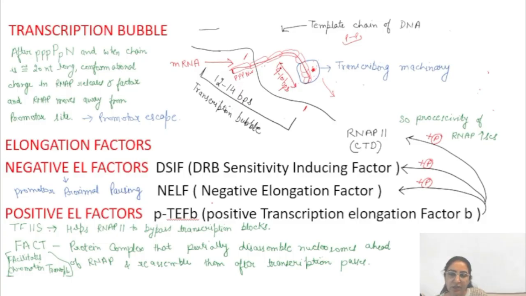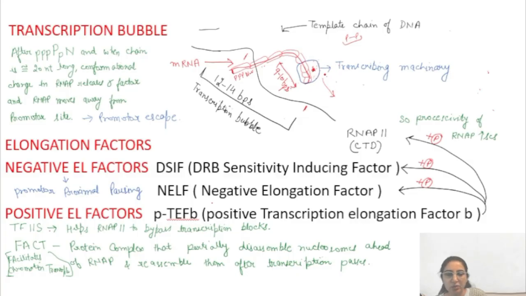When this chain is around 9 to 10 base pairs long, a conformational change comes in this RNA polymerase enzyme. Due to that conformational change, the sigma factor gets removed and RNAP moves away from this promoter region towards the structural gene, this side.